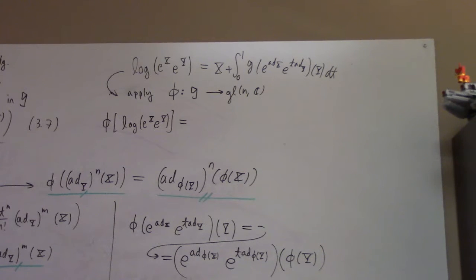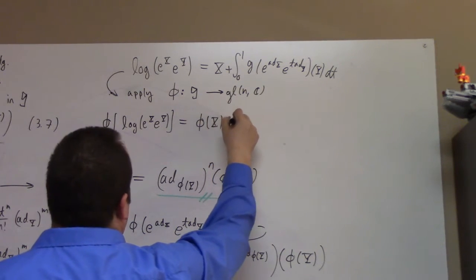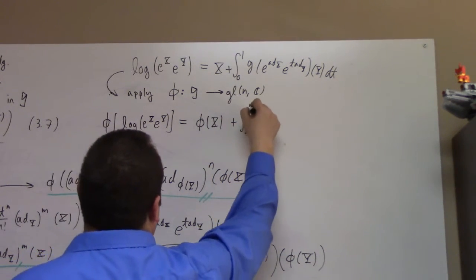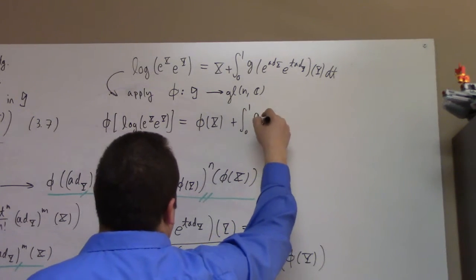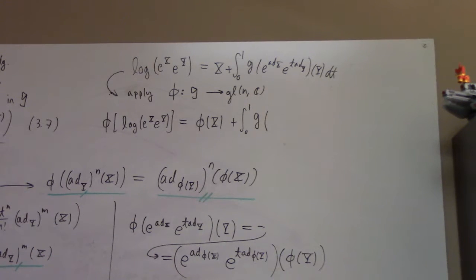Then you take the Lie algebra homomorphism of the BCH. That gives us this, but it's also equal to g of x, plus the integral from 0 to 1 of g. Now, g is no different than an exponential in some sense, right? You should think of g as being a weird exponential.